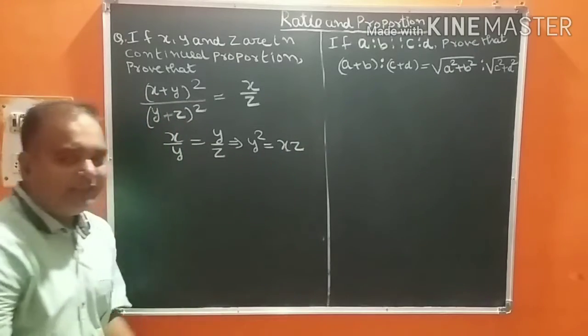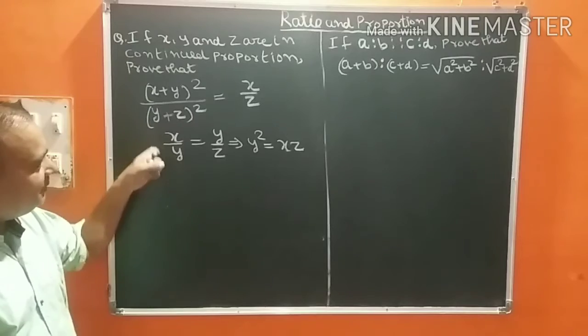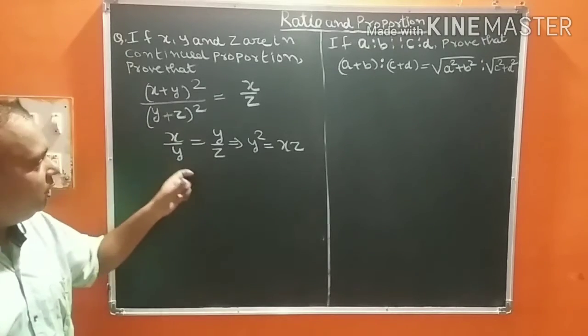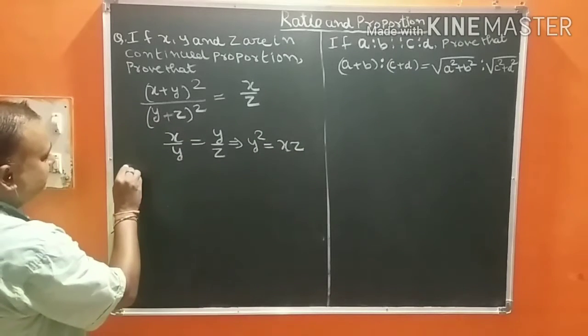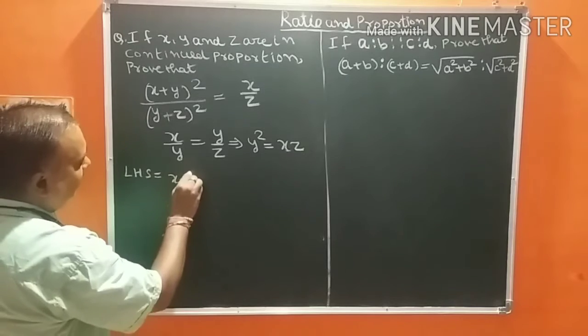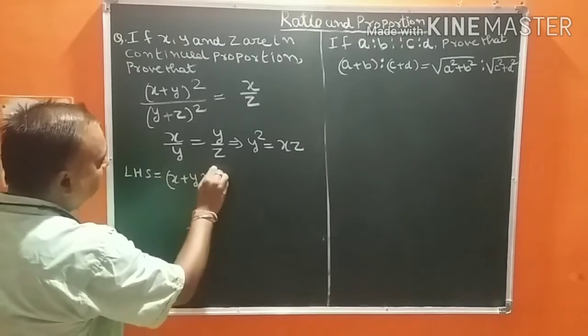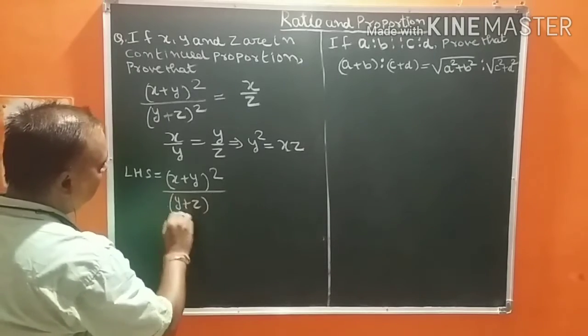Is it clear? If x, y, z are in continuous proportion, then we can write x upon y equals y upon z, or y square equals xz. Now take LHS, that is (x plus y) whole square upon (y plus z) whole square.